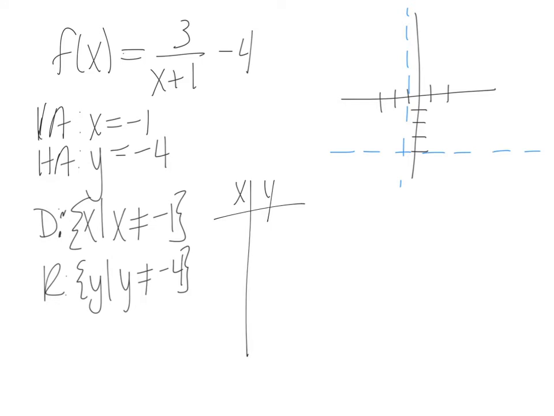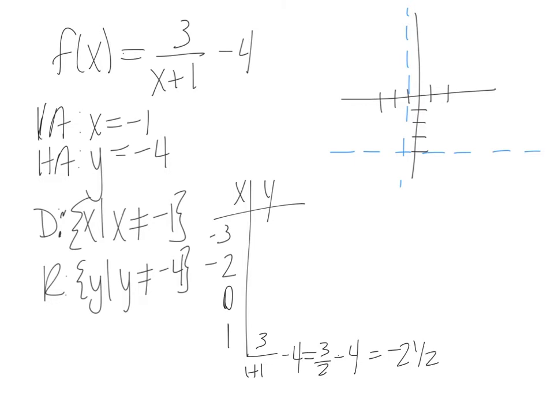Now I'm going to choose my numbers. Because I know that x cannot equal -1, I can choose two numbers smaller, -2, -3, and I can choose two numbers bigger, 0 and 1. So I'll plug in 0 and 1. When I plug in 1, I get 3 over 1 plus 1 minus 4, which is 3/2 minus 4, which is -2.5.